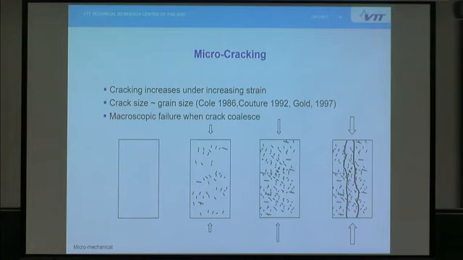Let's consider an ice specimen under compression. We know that under compression microcracking starts, and this cracking increases with increasing strain. And finally, ice fails, and it fails by splitting along the direction of compression.